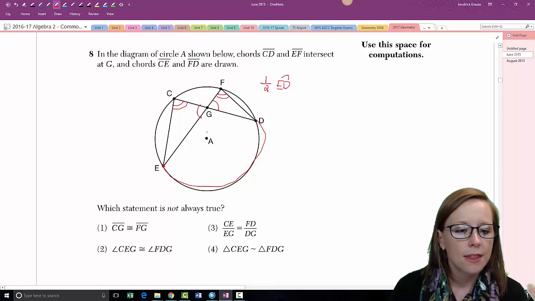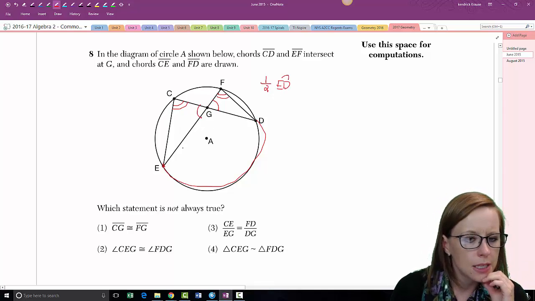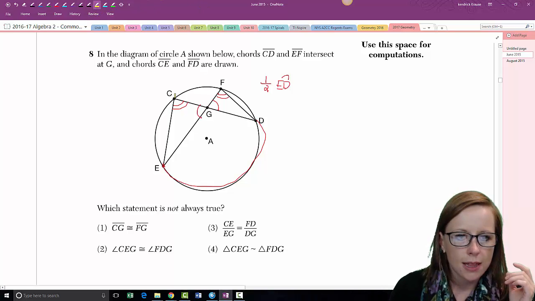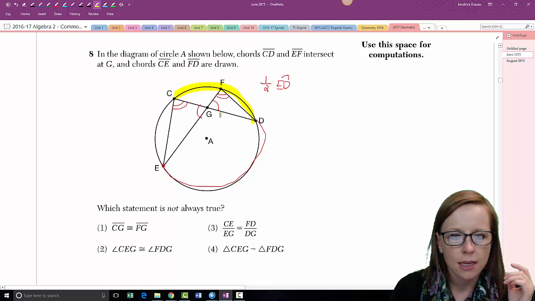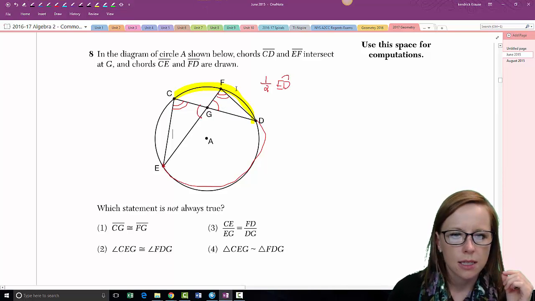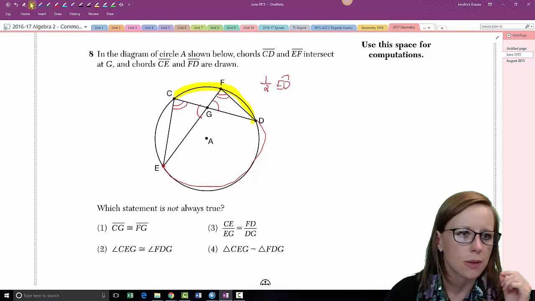Okay? Then, if you look again, let me get my highlighter here. If you look at this arc, C to D this way, CDF, oops, I went too far. Sorry. Let's erase that. I can never erase when I want to erase, right?